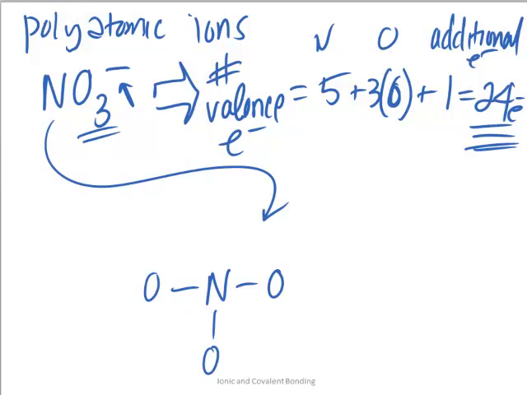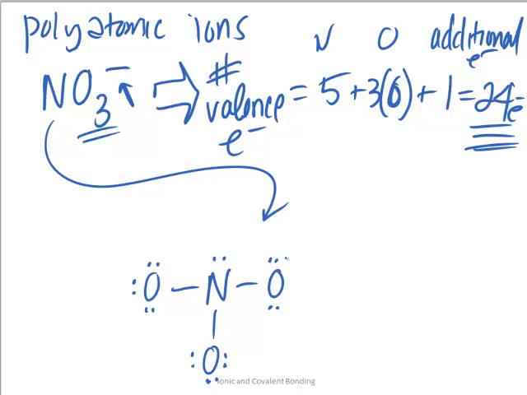So far we've used 3 bonds, and so that corresponds to 6 electrons, so we have 18 electrons left. So if we put a lone pair around the nitrogen, that'll be 2, 4, 6, 8. So far we've used 8, 10, 12, 14, 16, 18, 20, 22, 24.